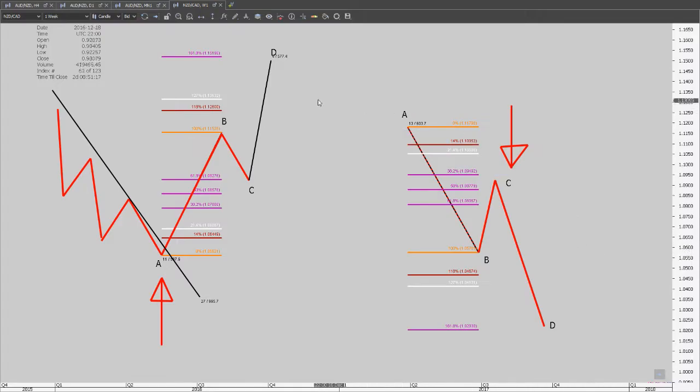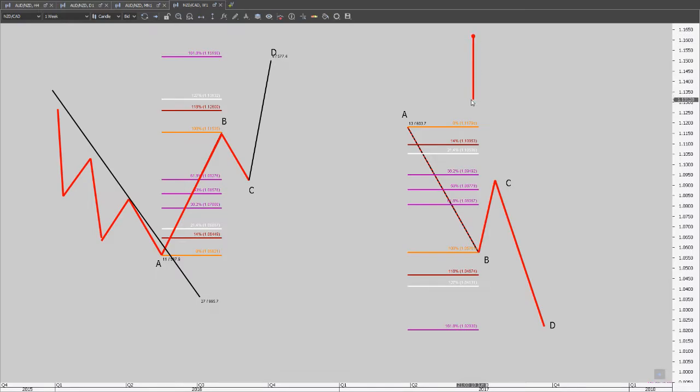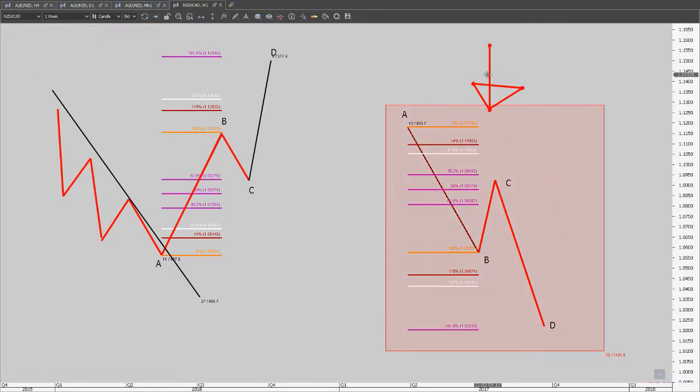Okay, now talking about the contrarian Fibonacci. This is a trick. Take the rules of the down ABCD swing of the original Fibonacci, okay? Remember the rules and just copy those rules into the original one, right?